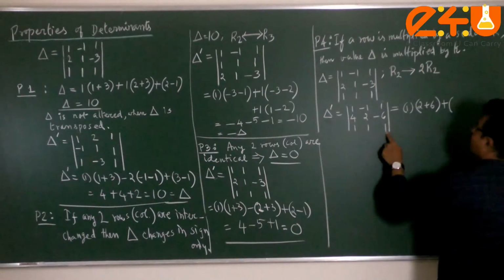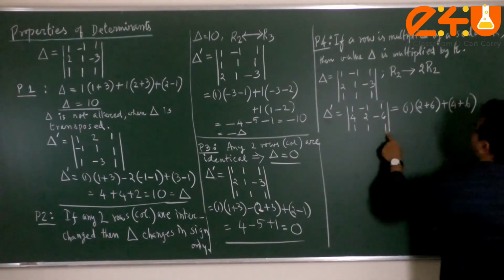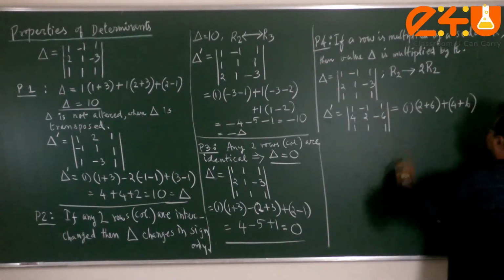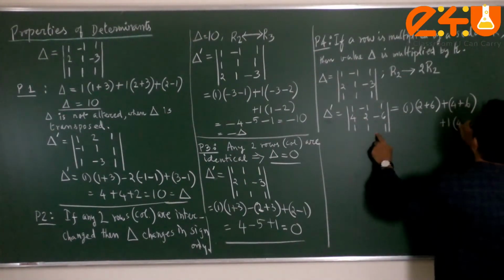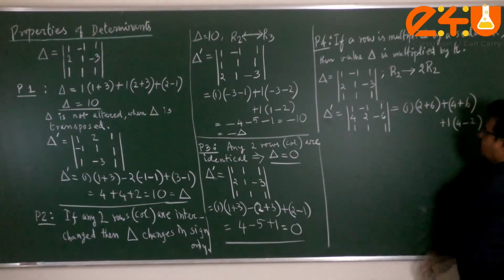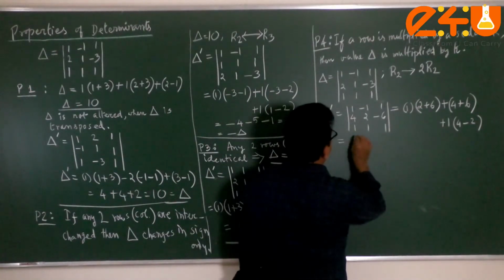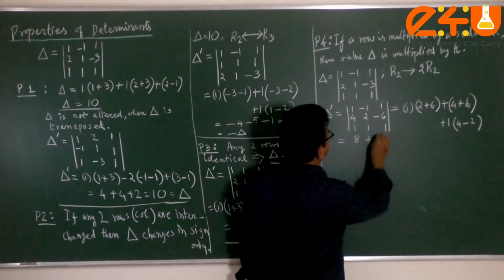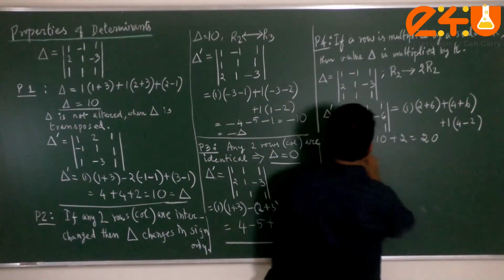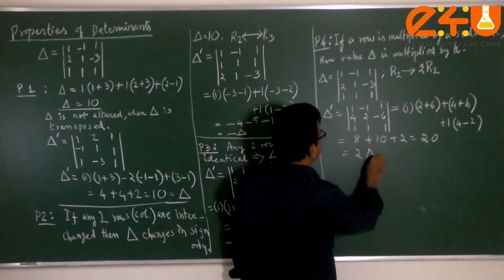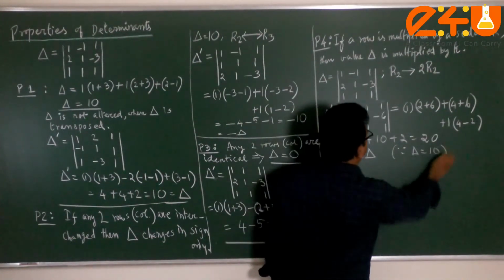Minor is 4 into 1, minus of minus 6. Then the last element and cofactor 4 minus of 2. So which gives the answer 8 plus 10 plus 2. You can see 20, which is 2 times delta, because delta was earlier 10.